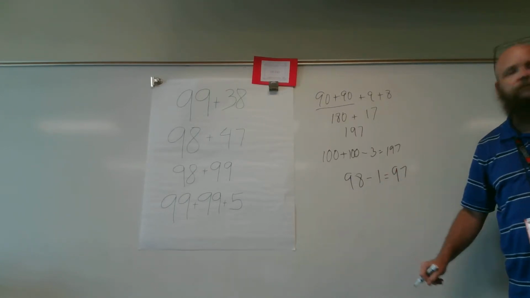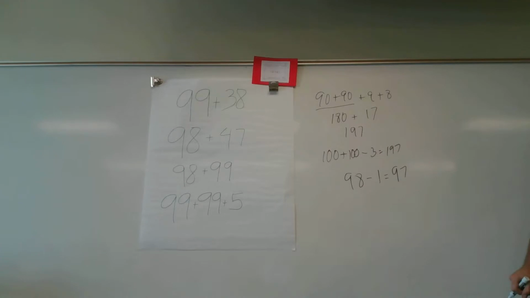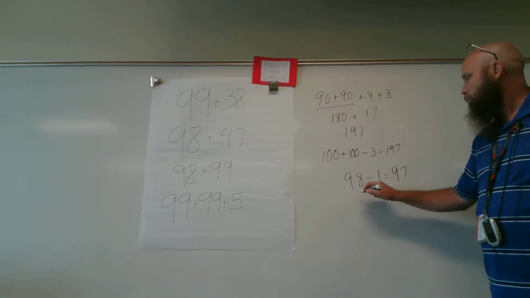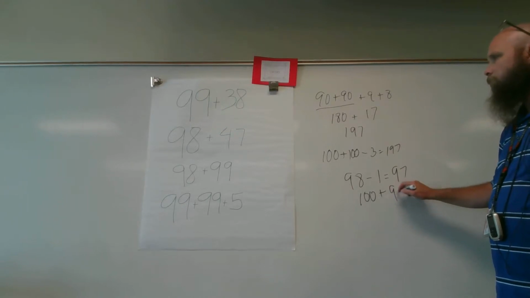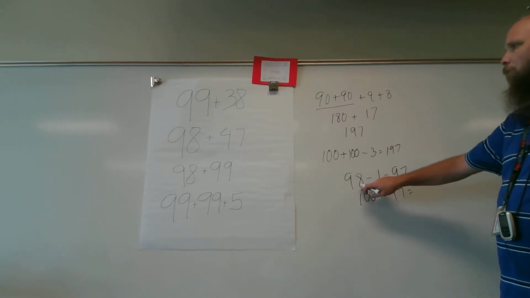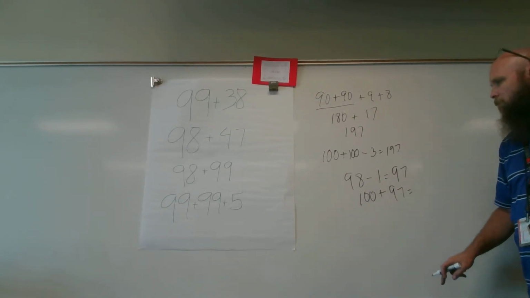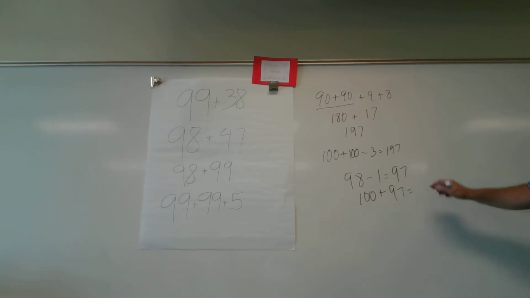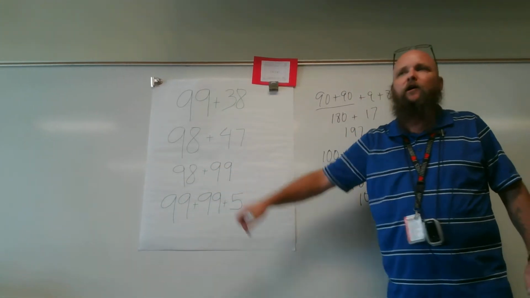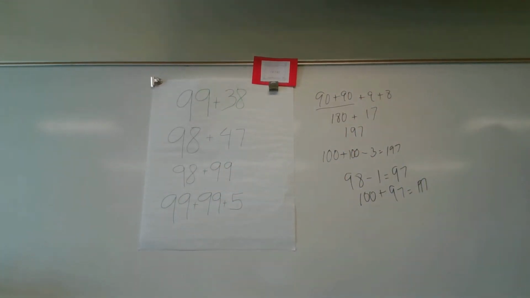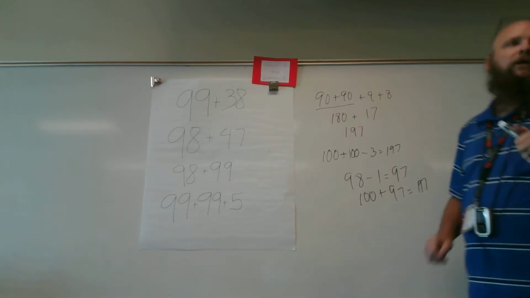Okay. And then I did 100 plus 97. Why did you do 98 minus 1? So I can add it to 99. Okay. So you took the 1 from 98, made it 97, put it over here and made that 100. Good. Very good.